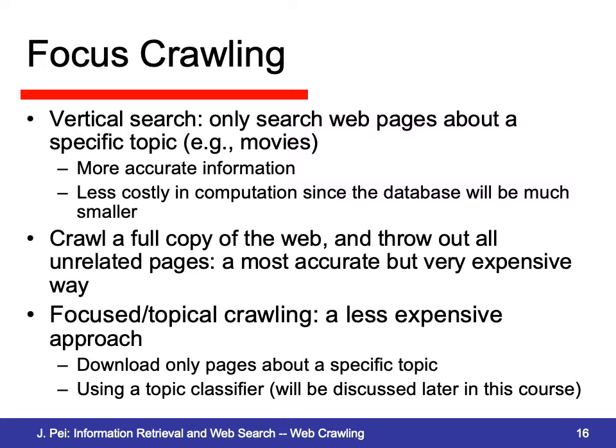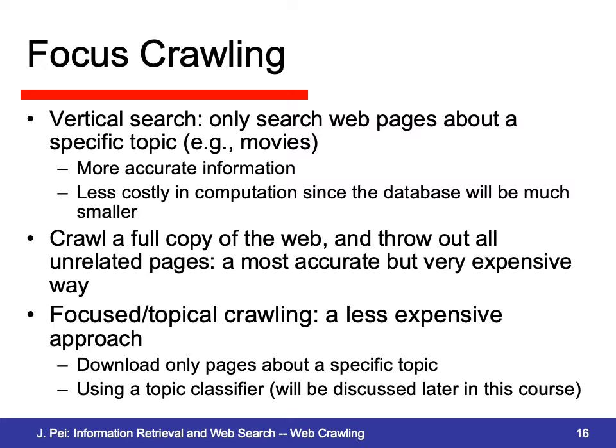Of course, we can crawl a full copy of the web and discard all unrelated pages. Arguably, this is the most accurate approach, but it is very expensive because you first have to crawl all the web pages. In practice, people do another way.